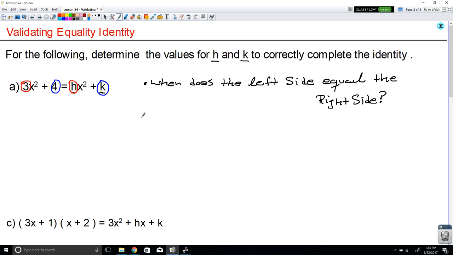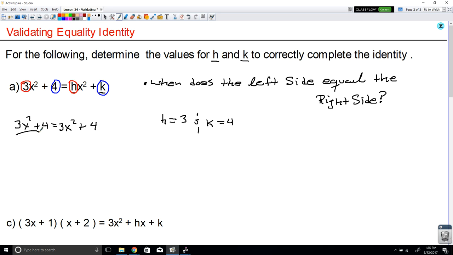Well, notice that if you say that h is equal to 3 and k is equal to 4, you will say that 3x squared plus 4 is equal to hx squared plus k. Notice what happens when h is 3 and k is 4.